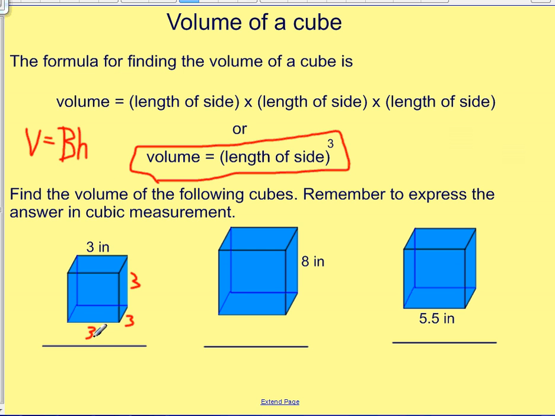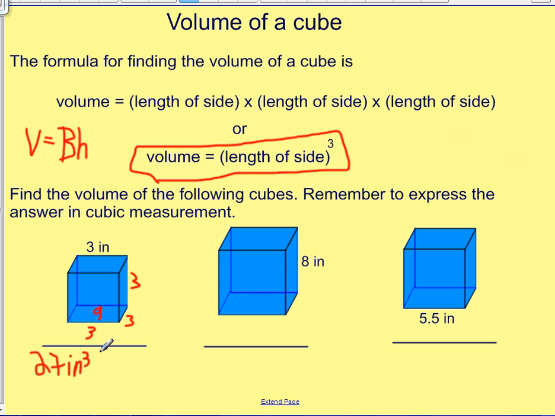So that's why I think about it in terms of the area of a base times the height. So for example, with this one, the area of the base here is 3 times 3, so that's 9, times my height, which is 3, so 9 times 3 would be 27. All right, and it is inches, so it's going to be inches cubed. We always cube our volume.